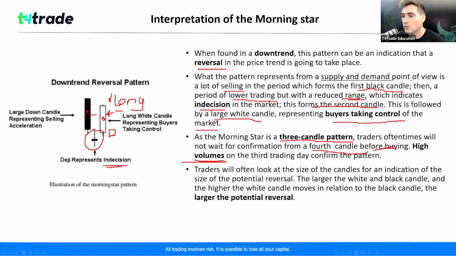Okay, so traders will often look at the size of the candles for an indication of the size of the potential reversal. Now, the larger these candles are, meaning 1 and 2, obviously not the doji. Doji is going to be flat. You need that doji to be flat. The larger these 2 candles are, the stronger the signal for a reversal is, and leaves you with extrapolating that the larger the potential reversal will be.